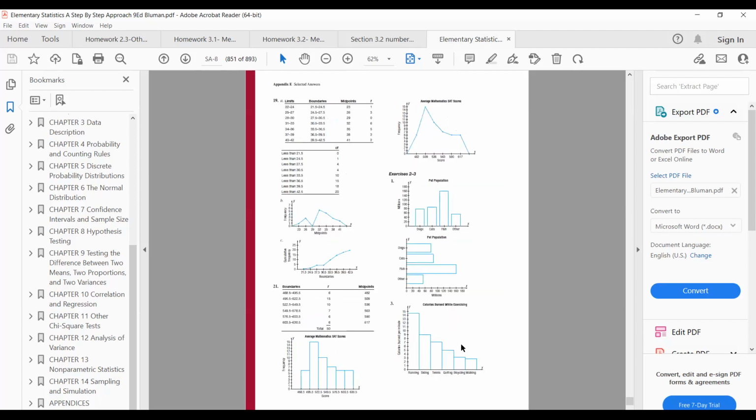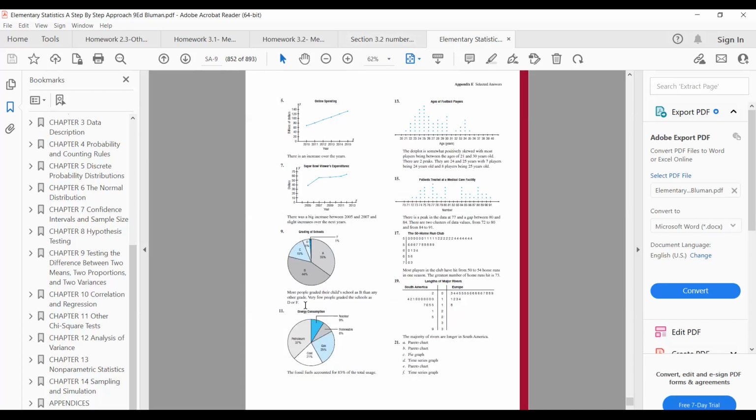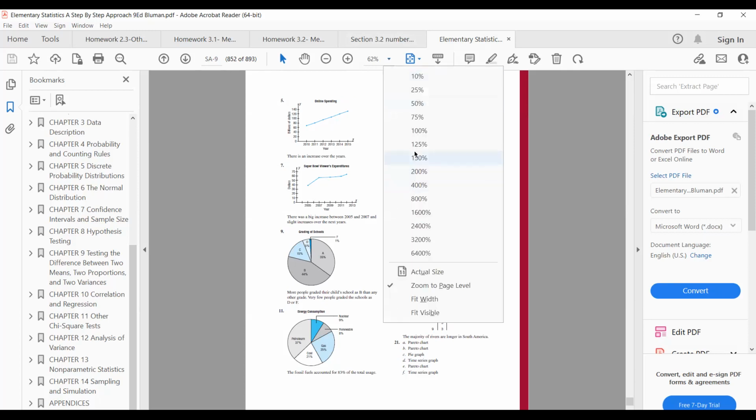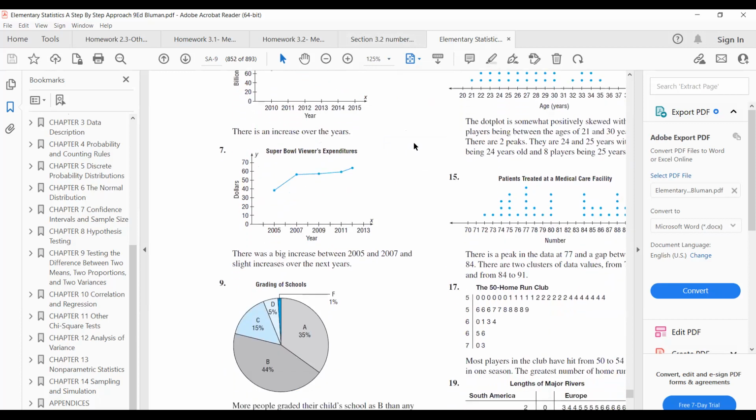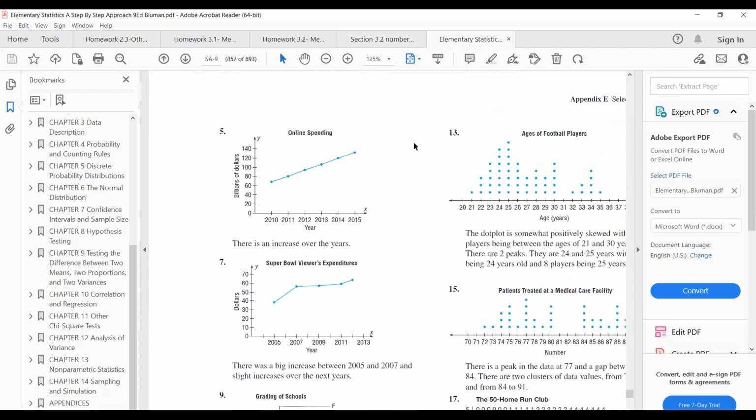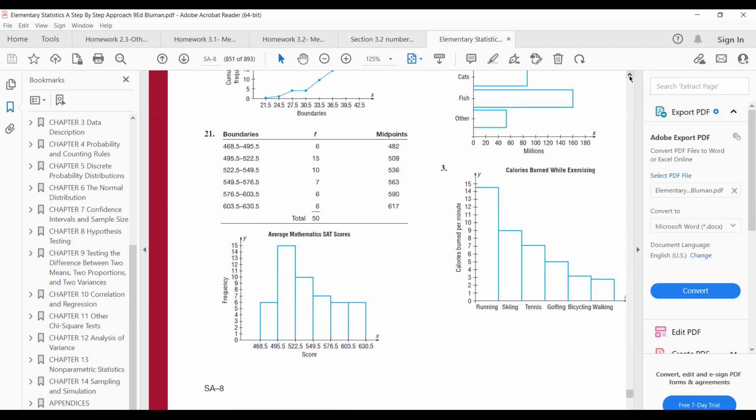Did you send it? No, I think I saw it. Okay, so let me make this larger so we can actually see something that we're looking at. This is the school grades, which I don't think was the problem that you were trying to do. Oh no, it's the number of people traveling.